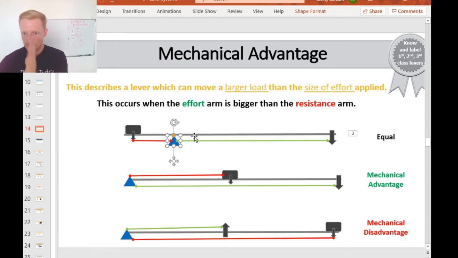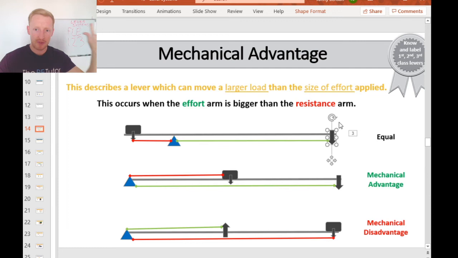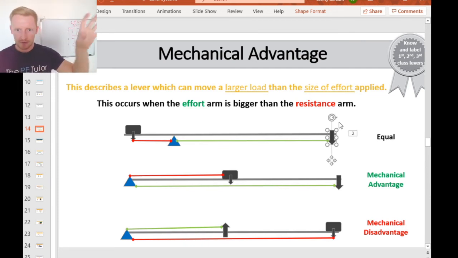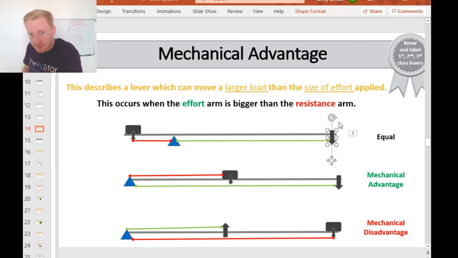And that left them this large effort arm, which we can then apply force through and move that box. Now, that box I think was 250 kilograms. Now that person pushing down with two hands, they won't be needing to generate 250 kilograms worth of push force to move that box because of the way the lever is set up, because of the distance of the effort arms and the resistance arms.